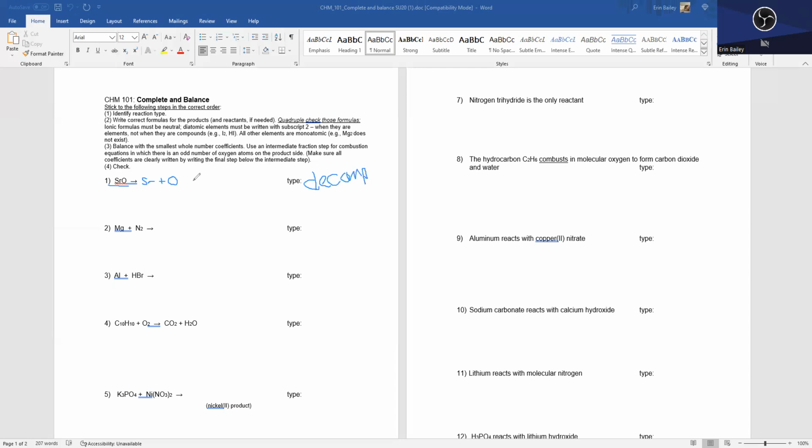This is decomp. But one thing that you have to remember and pay attention to is the diatomic elements, which is going to be hydrogen, nitrogen, fluorine, oxygen, iodine, chlorine, and bromine.